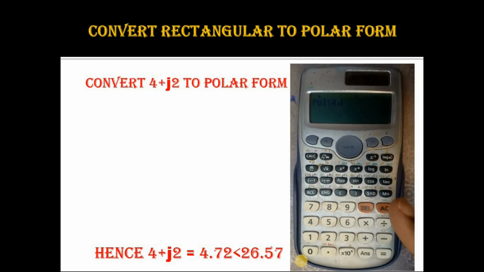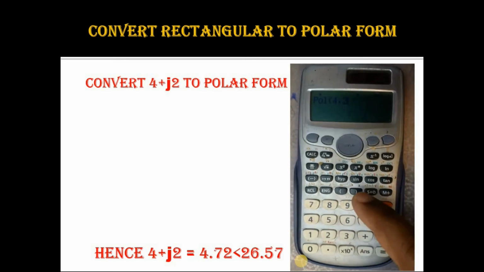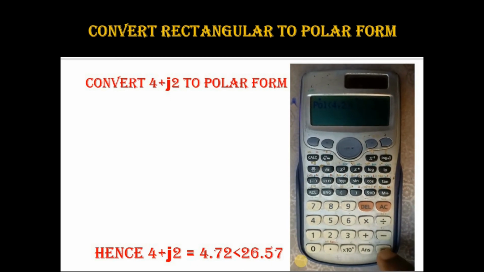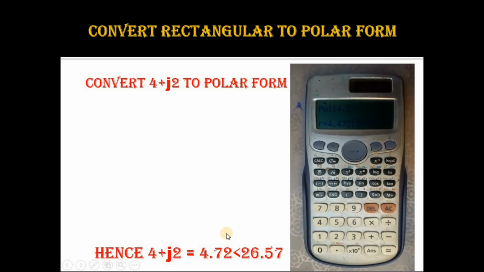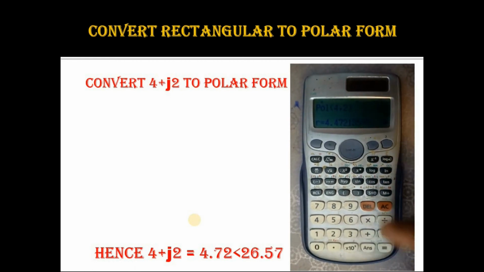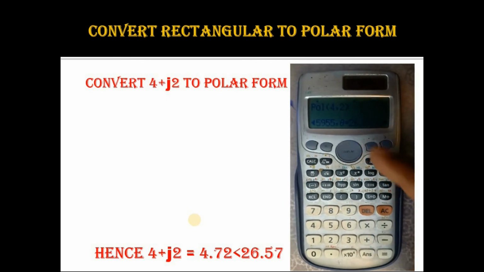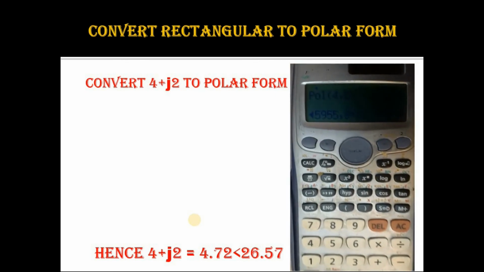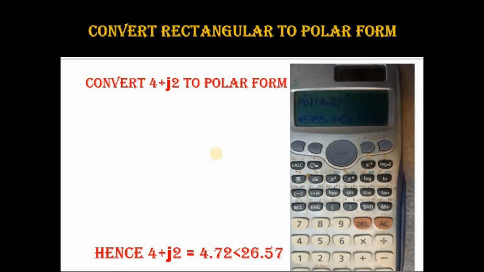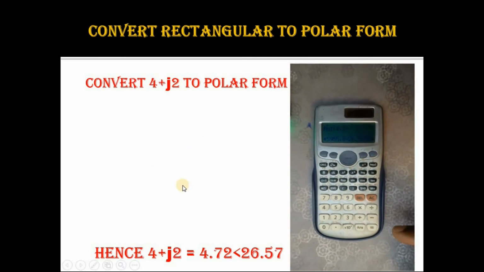So we have polar of 4 comma. Then press the 2, close the bracket, then equal to. So we got the answer R equal to 4.72 and theta equal to 26.57. So polar form of 4 plus J2 is 4.72 angle 26.57. Clear?